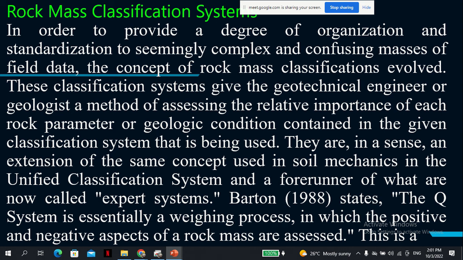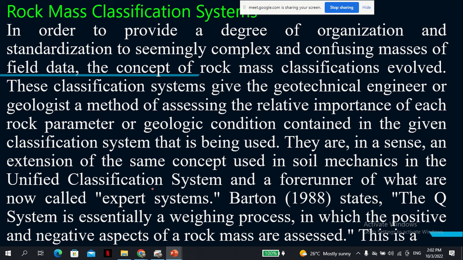These classification systems give the geotechnical engineer or geologist a method of assessing the relative importance of each rock parameter or geologic condition contained in the given classification system that is being used.